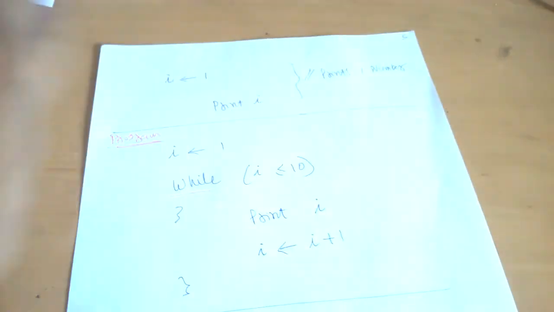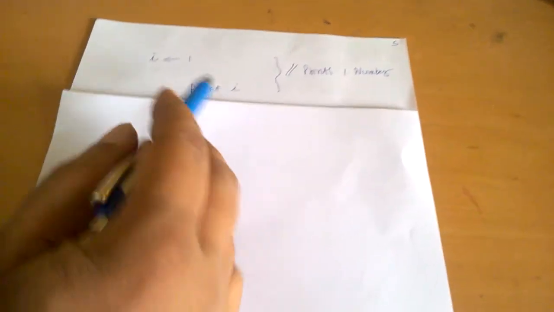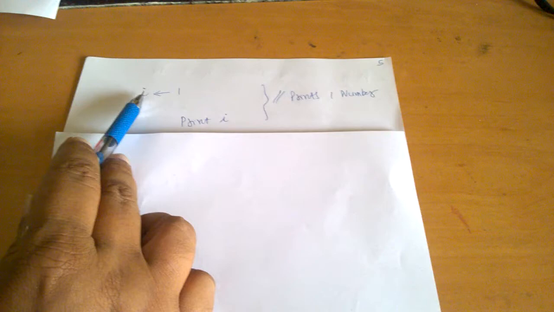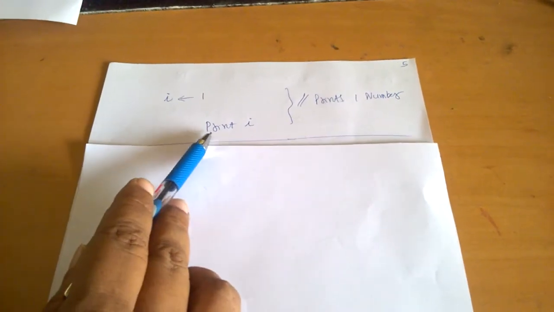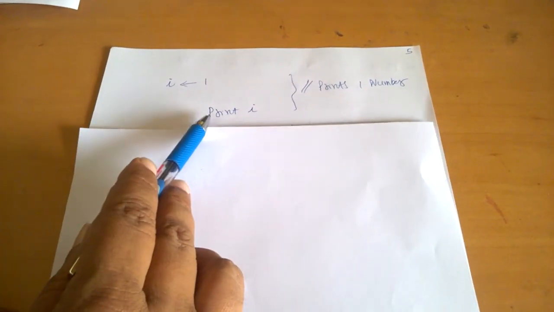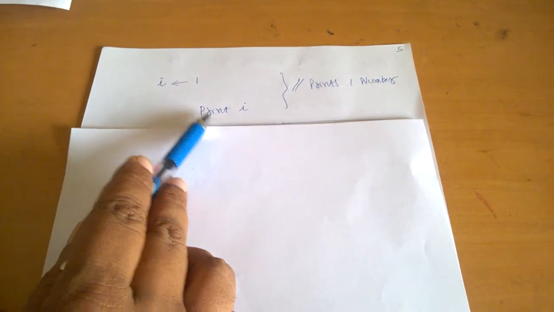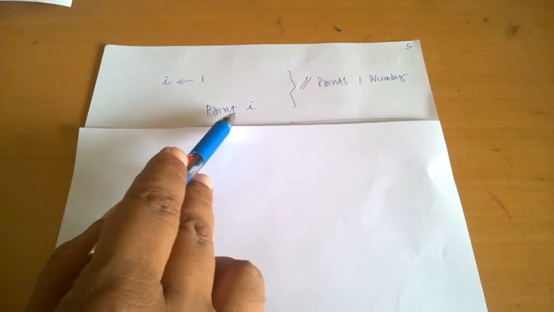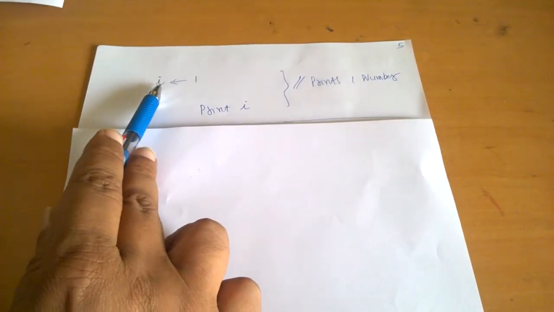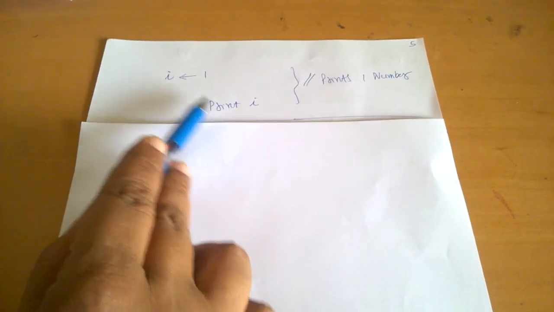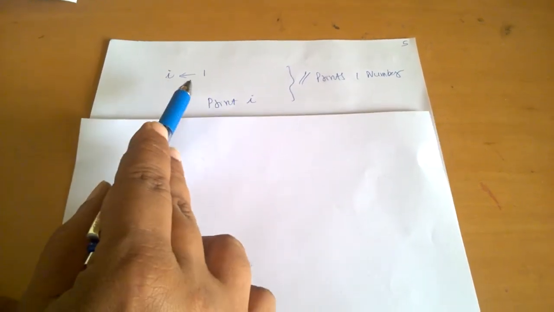Now we will look at this example here. This is a variable, I is 1. Print I. So what does it print? This is an input output operation, we'll come to that. So I is 1, print I, so it prints 1. If I contains 3, it prints 3, like that. All right.